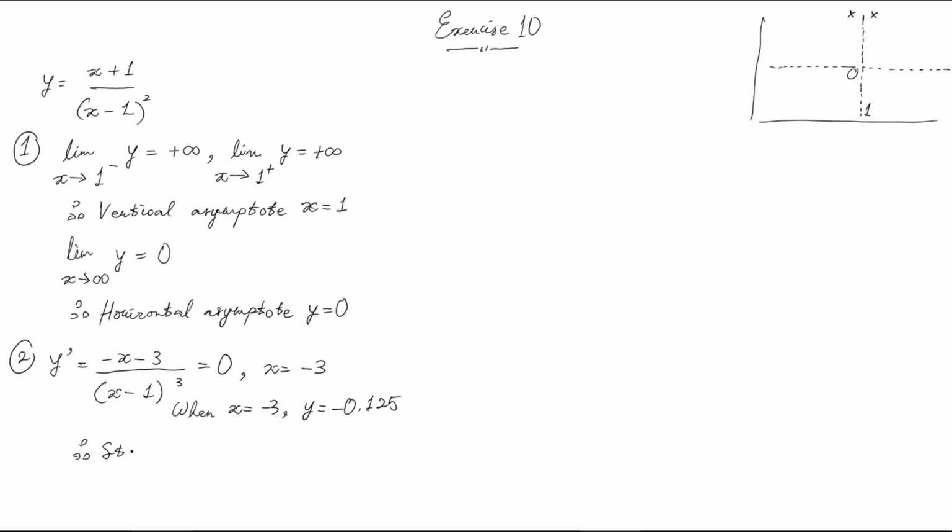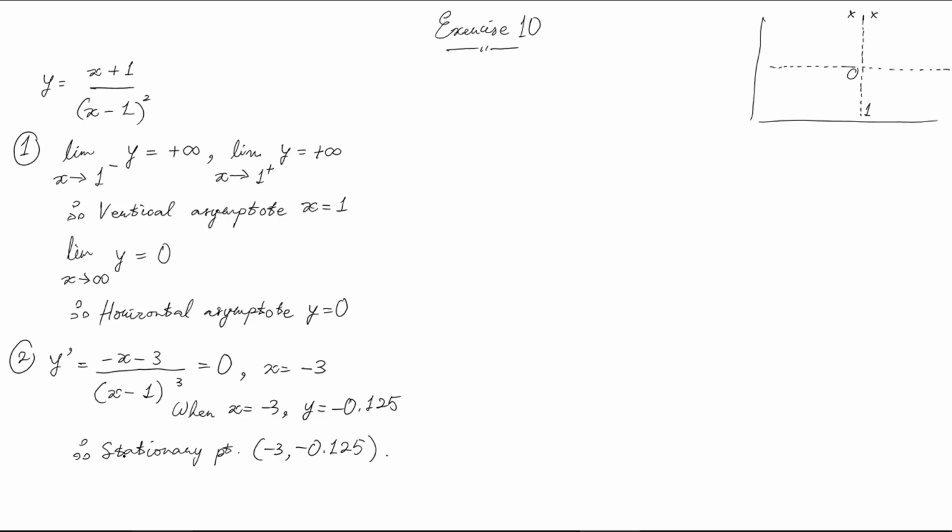So the stationary point is negative 3, negative 0.125. Okay, so for the rational function case, we don't need to actually test whether this one is a maximum or a minimum point, because as we sketch the behavior of the curve, the maximum or minimum property will present itself to us.